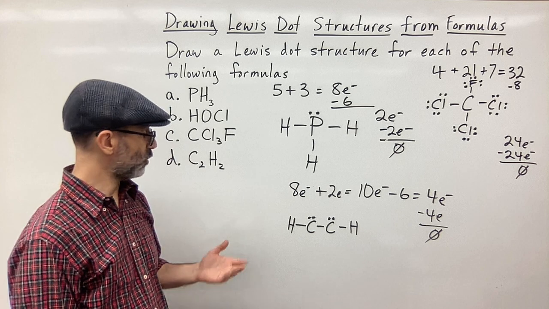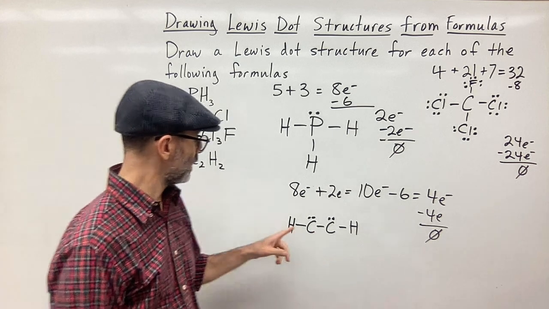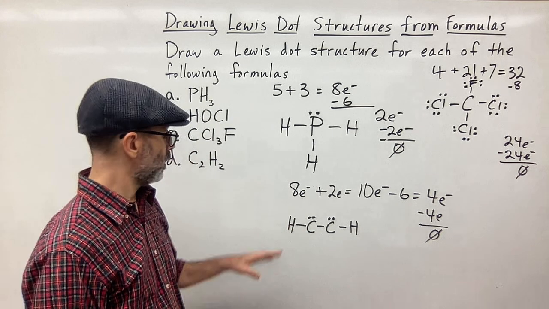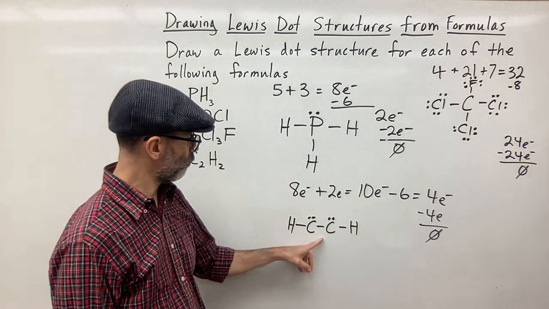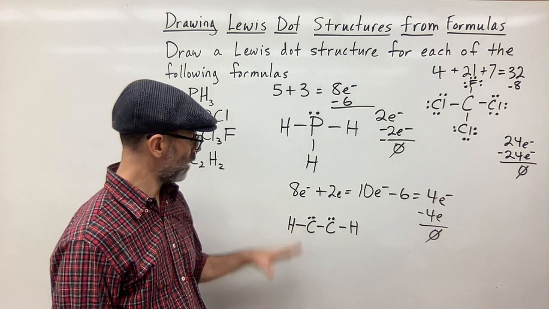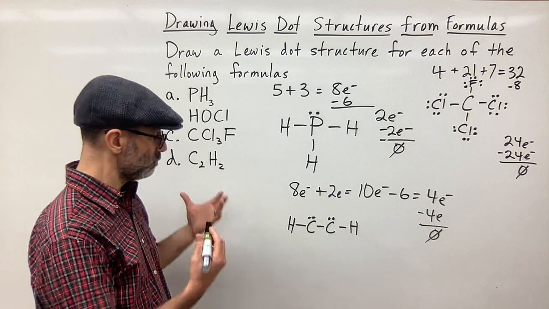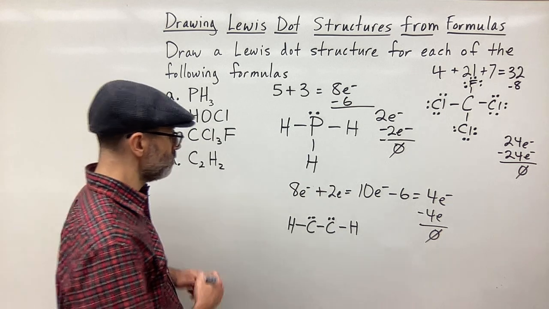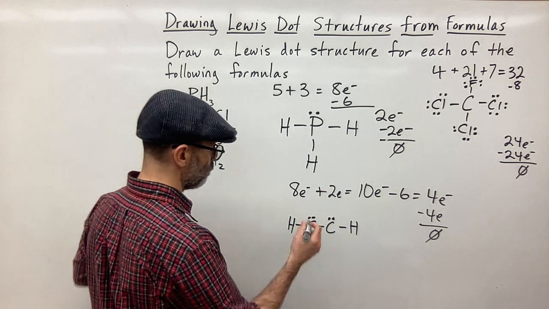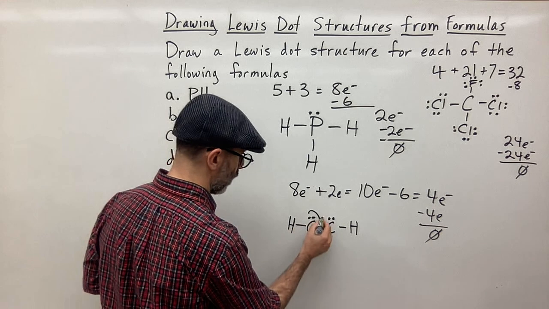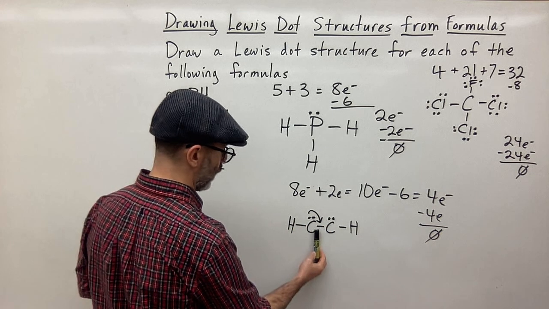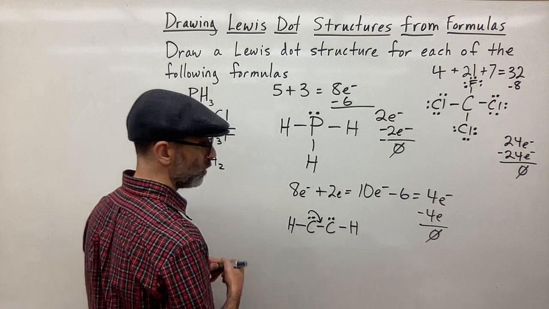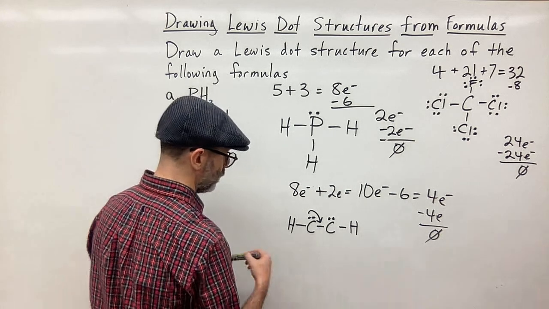So what do I do? In this case, I have to move a lone pair to allow for the carbons to have their octet. So here, I can move this lone pair there, and that would give a double bond.